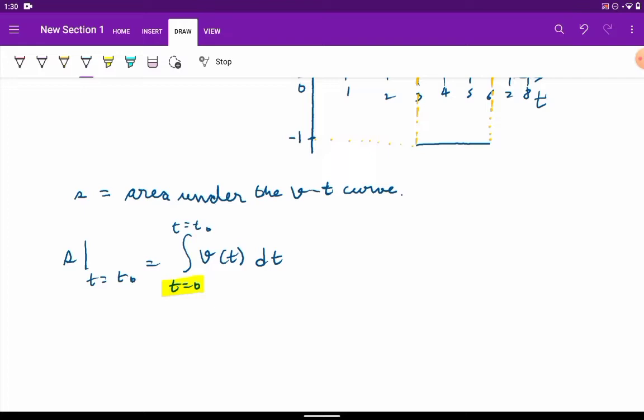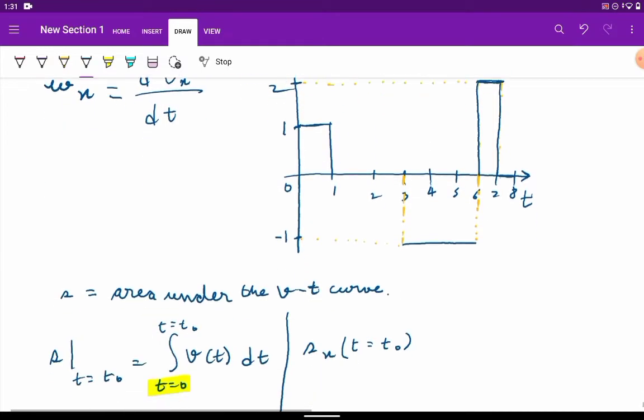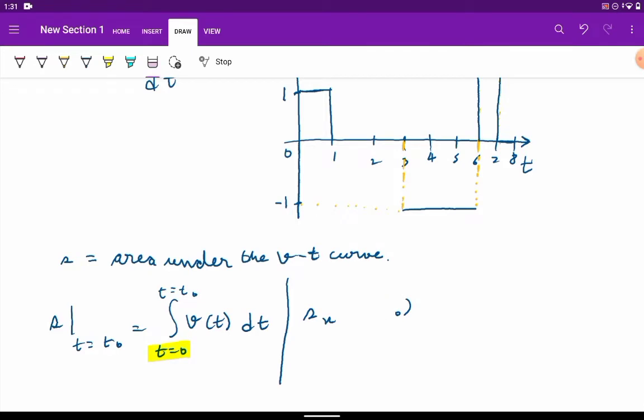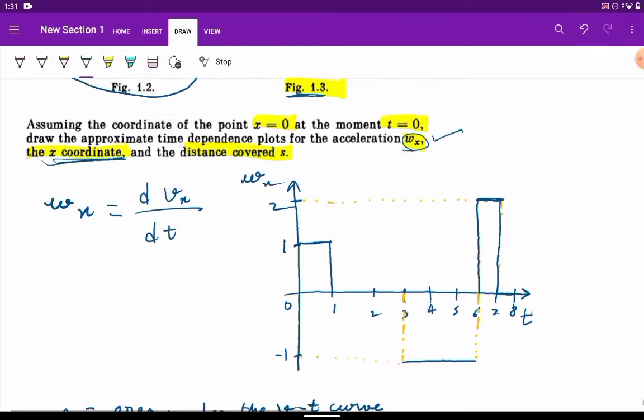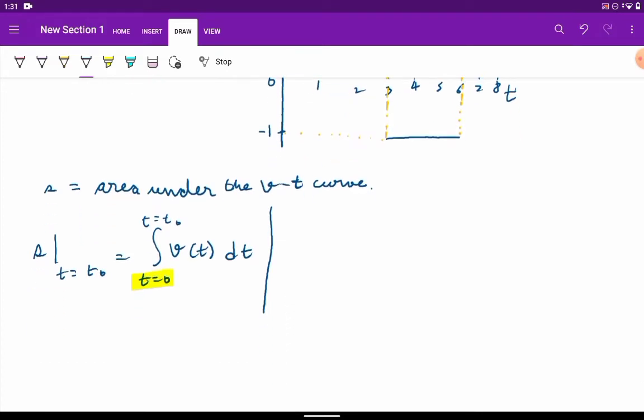So this is a very general equation. Otherwise, for this particular case, we can have sx at some t equal to t naught. No, I guess we'll go step by step. We'll take some windows of time and keep calculating accordingly.